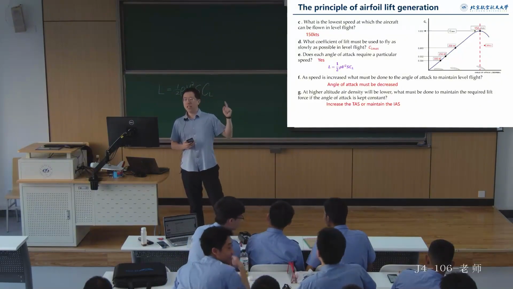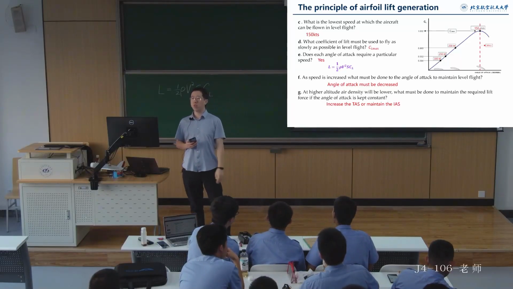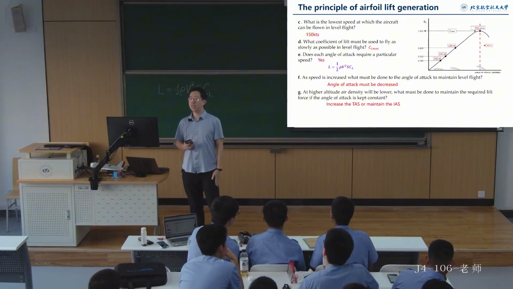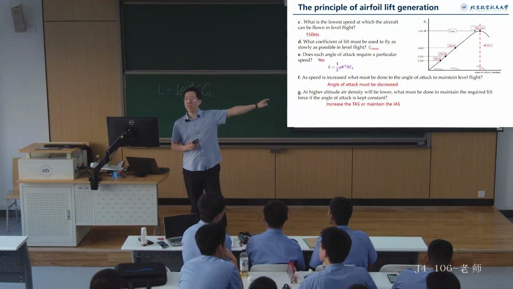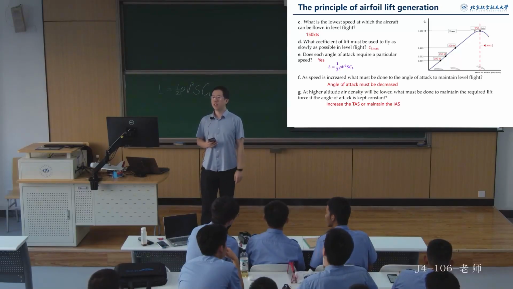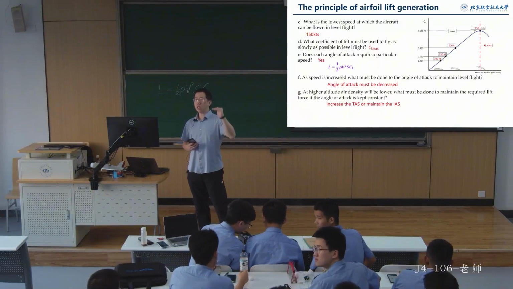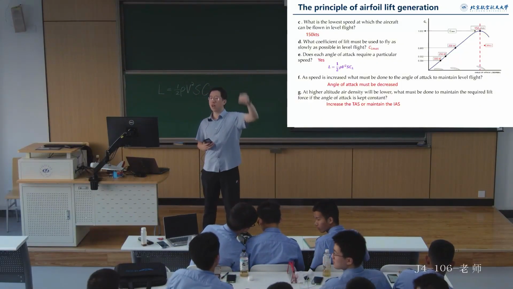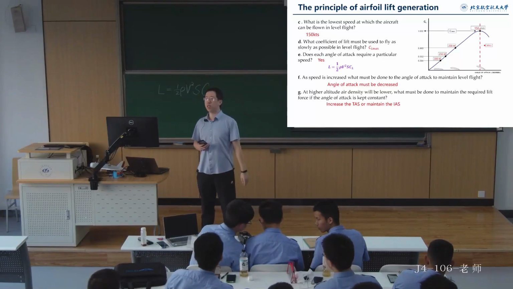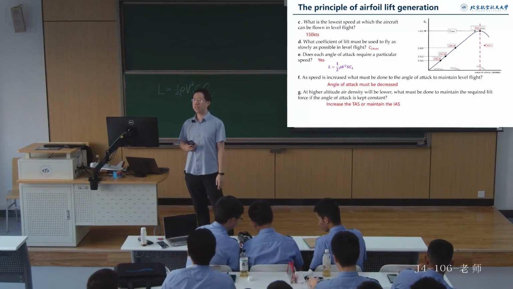The plane maintains a constant angle of attack, transitioning from level flight at a lower altitude to level flight at a higher altitude. So what should the airspeed of the plane be at this moment? Yes, right. Transitioning from level flight at a lower altitude to level flight at a higher altitude while ensuring the angle of attack and lift coefficient remain unchanged. What should the airspeed be?